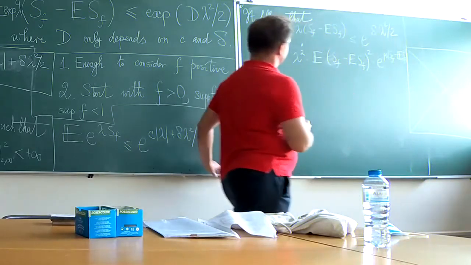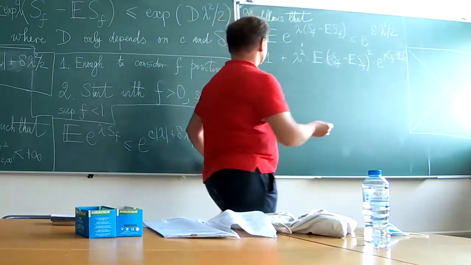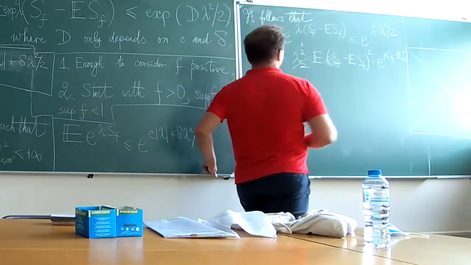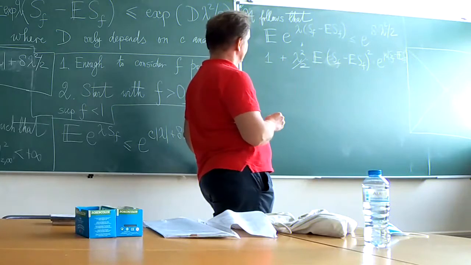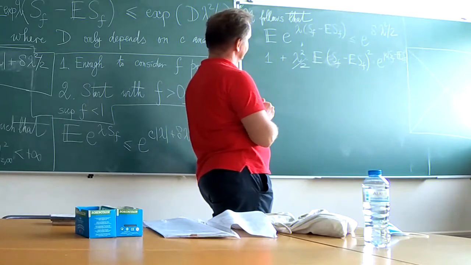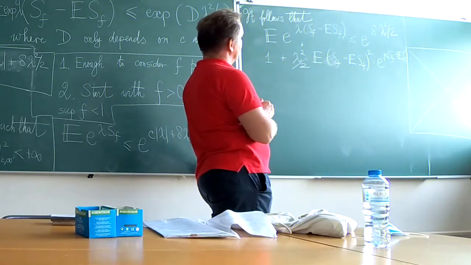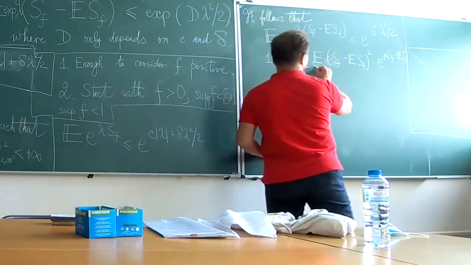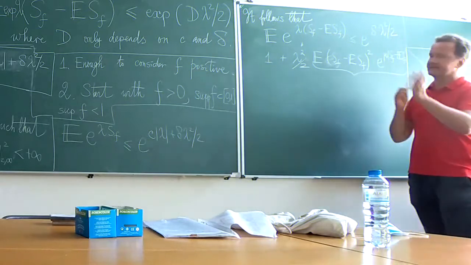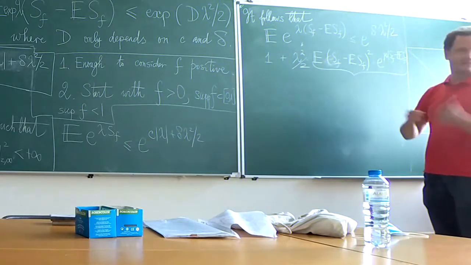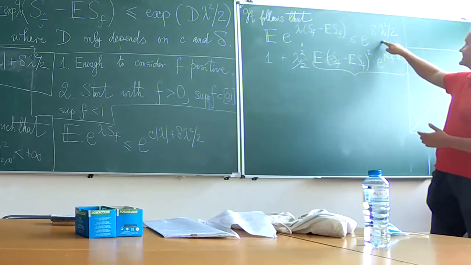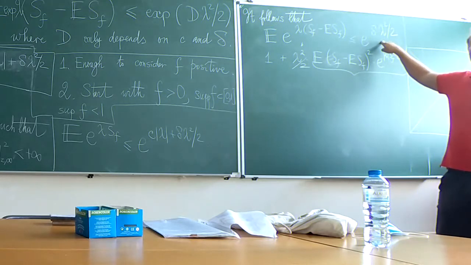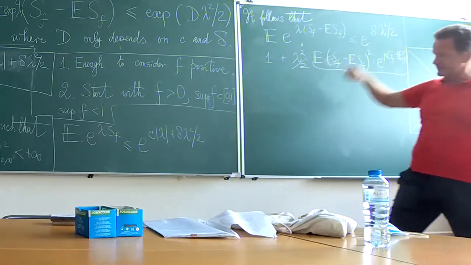So this is just the Lagrange form of the Taylor formula. But then, for small deltas, for lambda less than 1, this one is bounded, and so we have such an estimate. And of course, for lambda bigger than 1, such an estimate also holds.